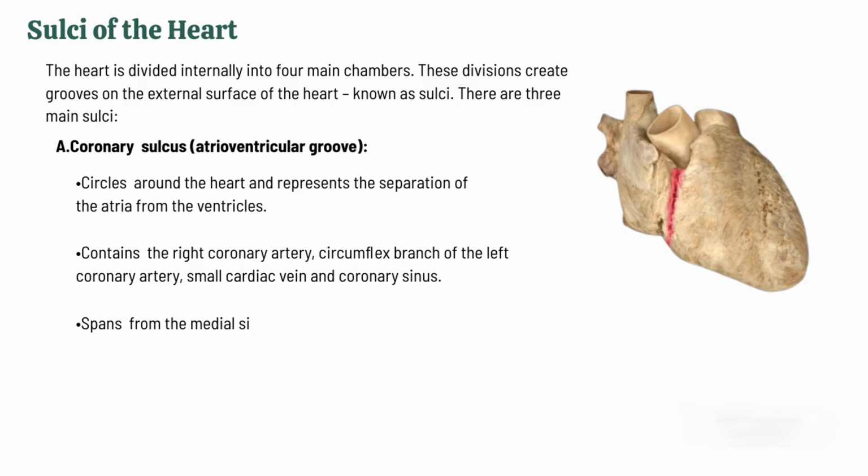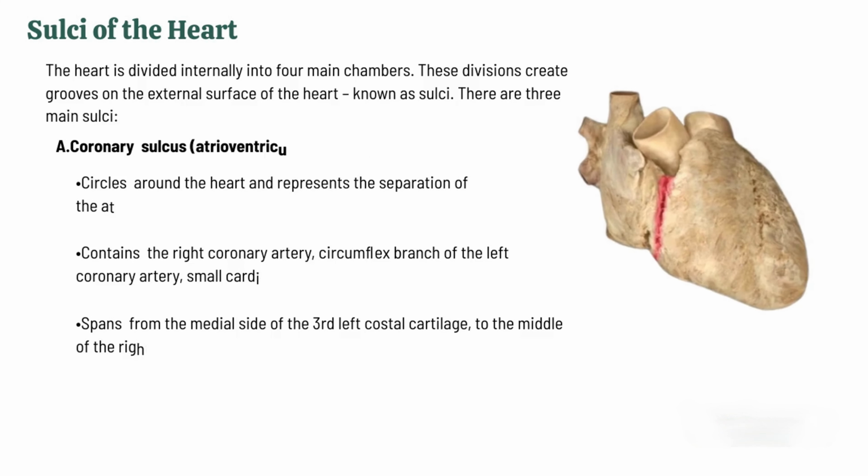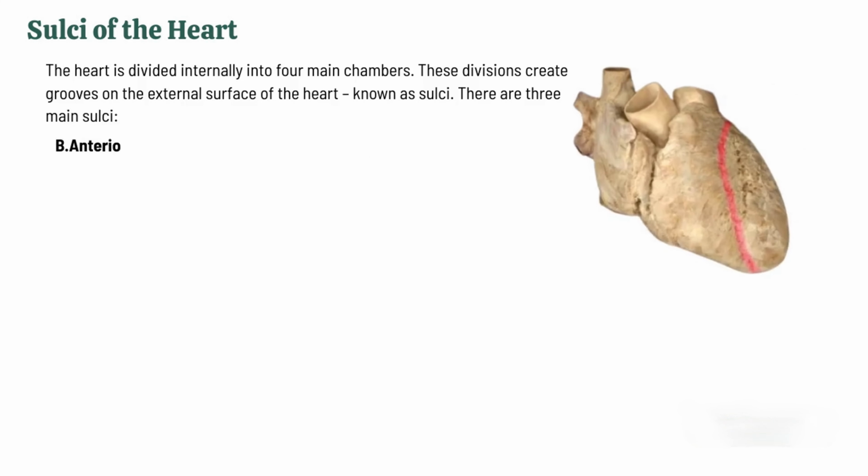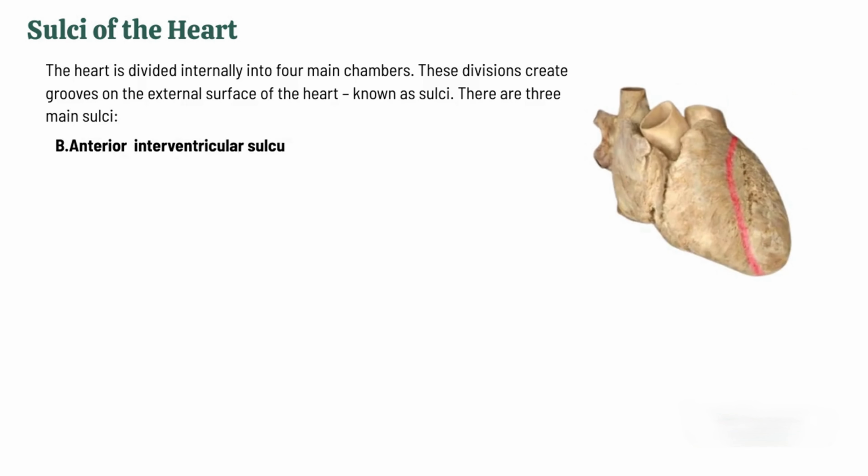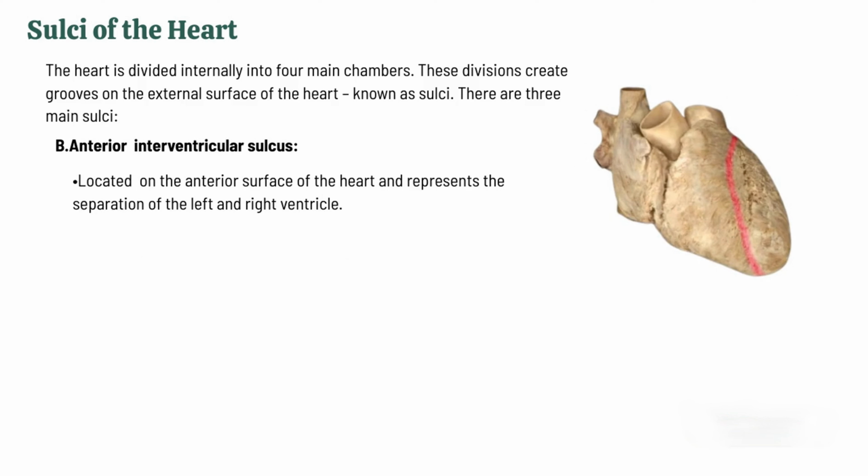It spans from the medial side of the 3rd left costal cartilage to the middle of the right 6th costal cartilage. B. Anterior interventricular sulcus. Located on the anterior surface of the heart, it represents the separation of the left and right ventricle.